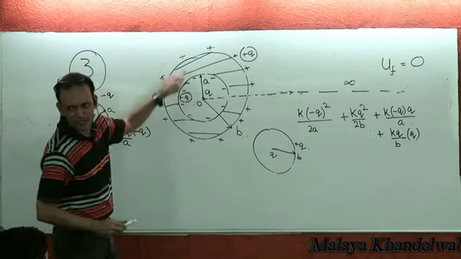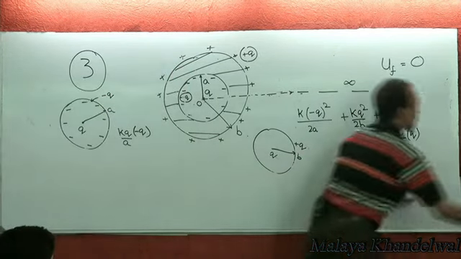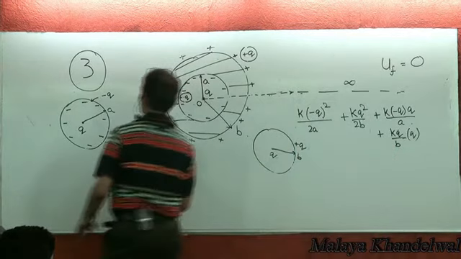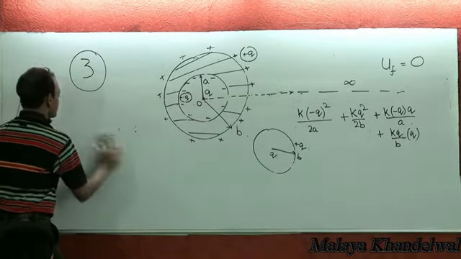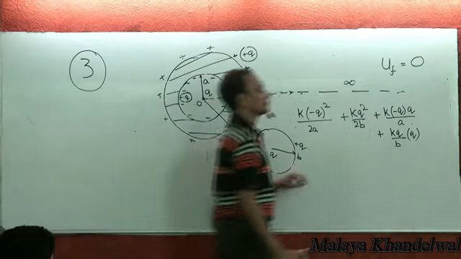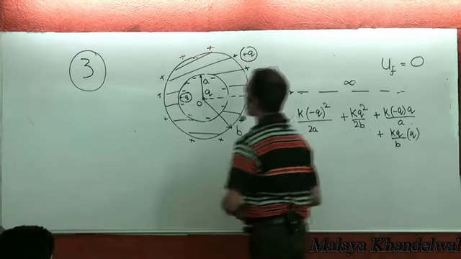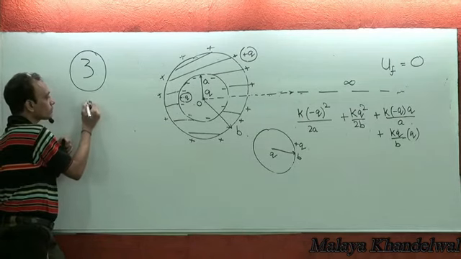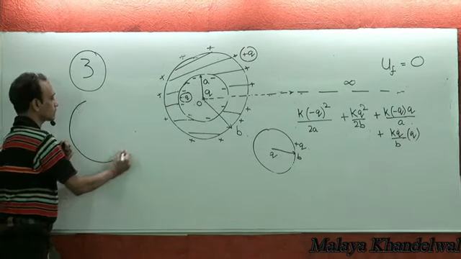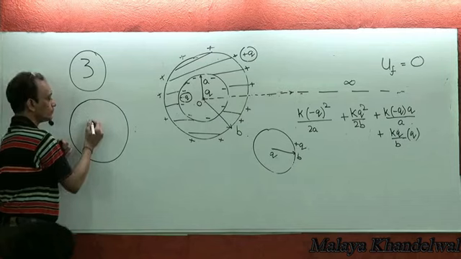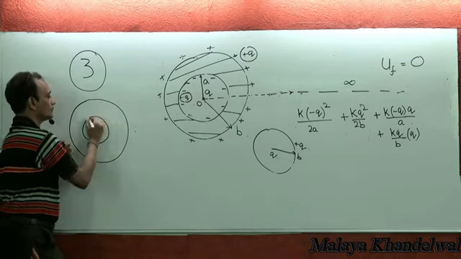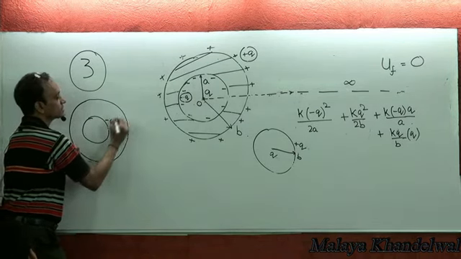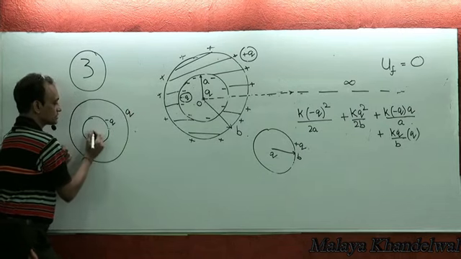These two surfaces, right? There is minus Q on this and there is plus Q on this.